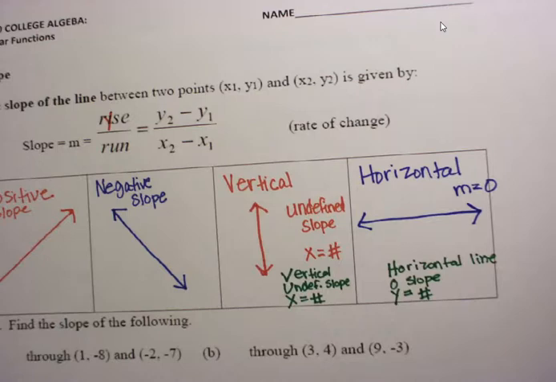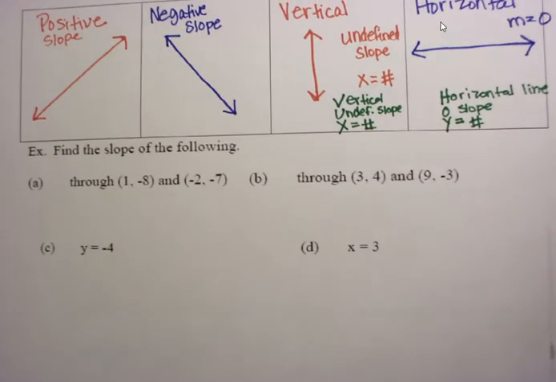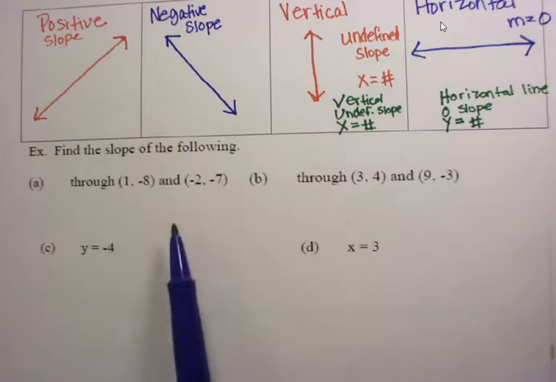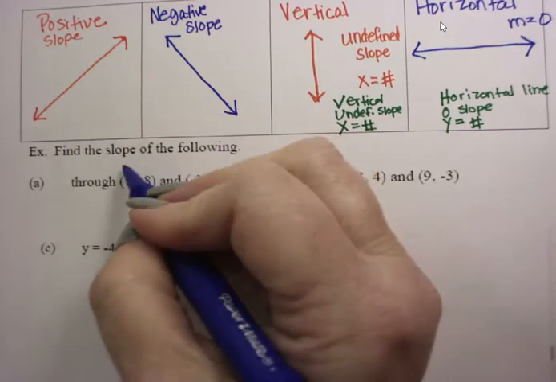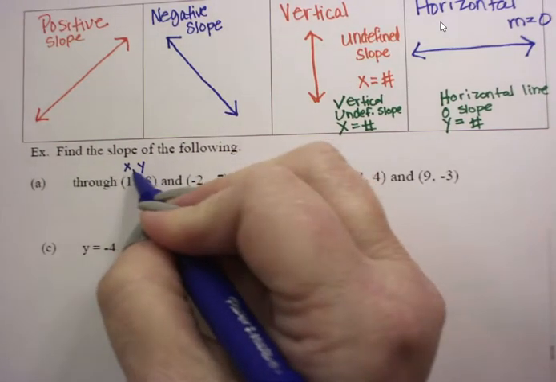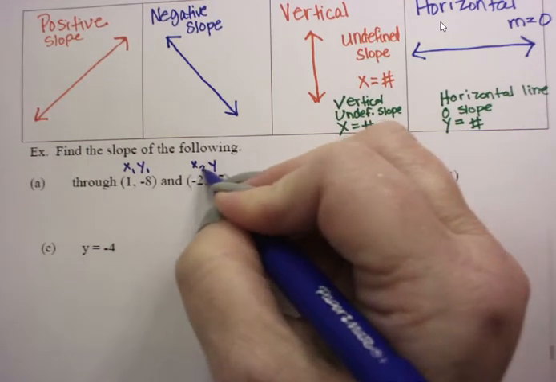Alright, now, as you get to your questions, you're going to have to calculate the slope for some different situations. The first one will be, they will give you some points and ask you to find the slope. In that case, what you're going to do is to use the formula. So what we do first is identify the x and y value of our first point and the x and y value of our second point.